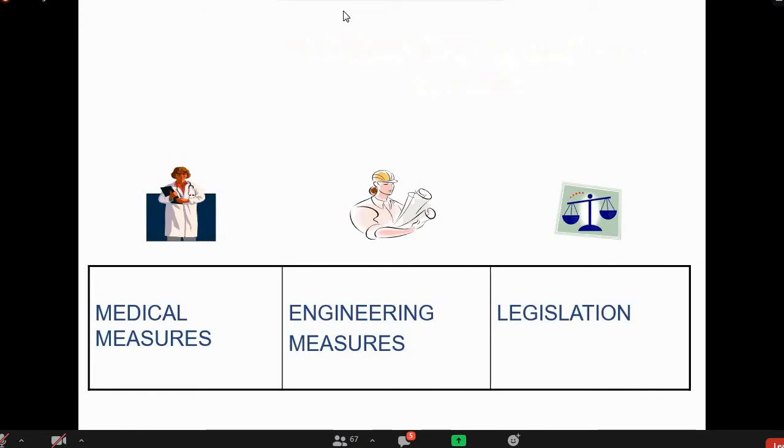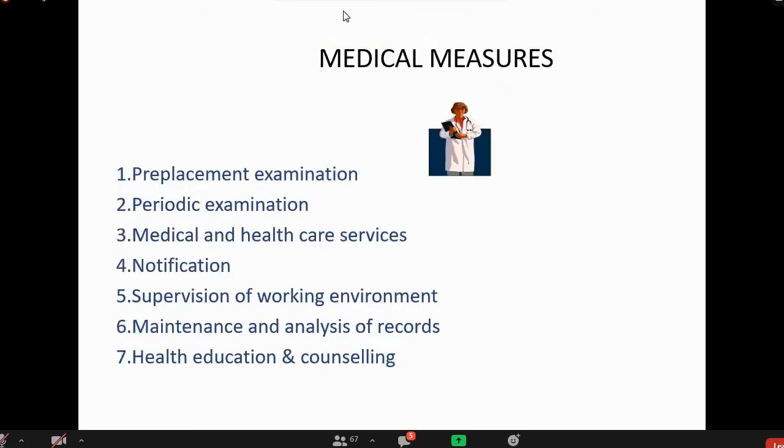Then for prevention of occupational diseases, how would you take care of it? We have medical measures, engineering measures, and then legislations. In medical measures, we talk about pre-placement examination, periodic examination, medical and healthcare services, notification, supervision of working environment, maintenance and analysis of records, and health education.